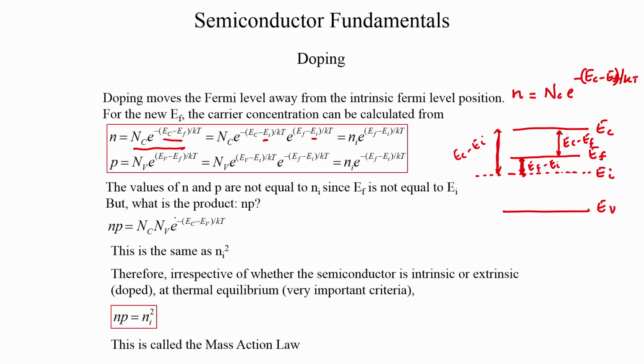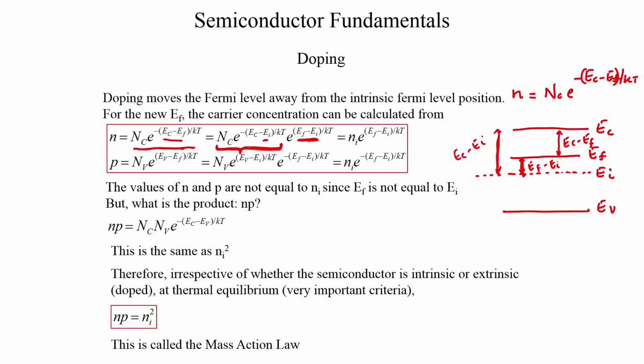Because this coefficient here is nothing but the electron concentration in the intrinsic semiconductor, because your Ef has now become Ei. And for a doped semiconductor, this electron count is essentially this term into the exponent having an energy gap which is the difference between the new location of the Fermi level and the intrinsic Fermi level position.